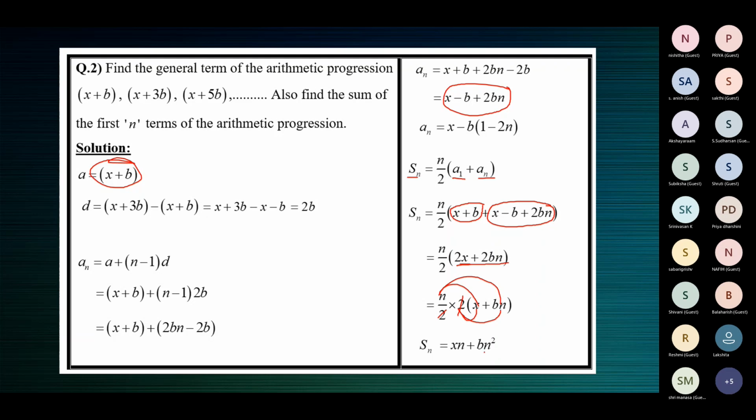Sn is always quadratic in n. See here, n squared, it is quadratic. An is always linear in n. An will always be a linear equation in n, and the power of n will be 1. Here in Sn, the highest power of n will be 2.